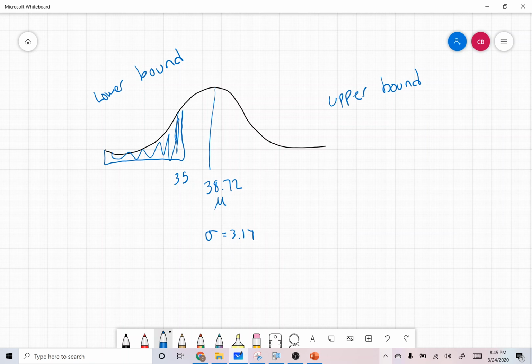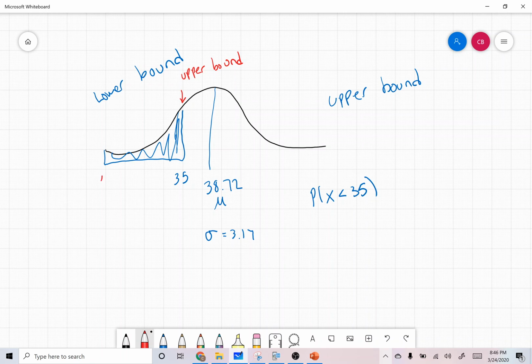If it's a less than problem, for instance, if P of x being less than 35, like this problem suggests, then we want only the values that are to the left of 35. This is what will be the upper bound. The reason it's the upper bound is that it's the highest value that we want to use for the calculator.